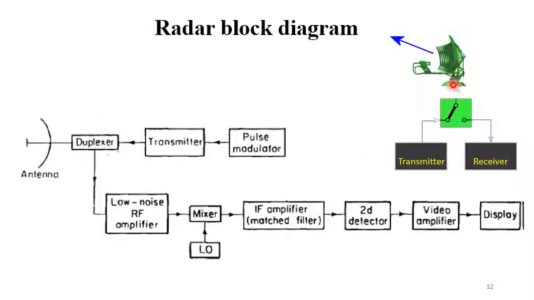This is the job performed by the duplexer. If we see this animated figure, when the transmitter wants to transmit, this switch is closed. This is the duplexer.